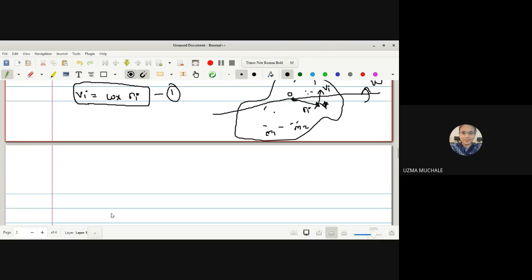L is the angular momentum. I hope you remember in the basic lecture I told you what L is. L is the angular momentum, which is the sum of all the angular momentum of each and every particle, right? What is Li then? Angular momentum of the ith particle.